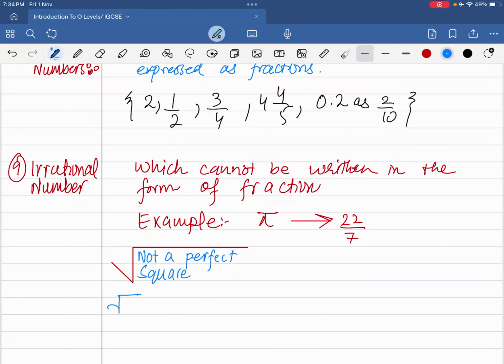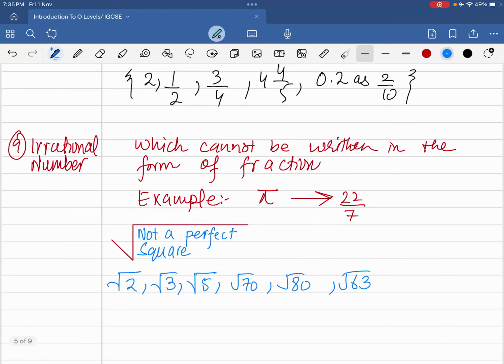I will write other numbers, like square root 2, square root 3, square root 5, square root 70, square root 80, square root 63. Square root 4 is 2, I know that. But all these numbers inside the square root are not perfect squares. So if your examiner asks you to write an irrational number, just write a square root with a number inside which is not a perfect square.